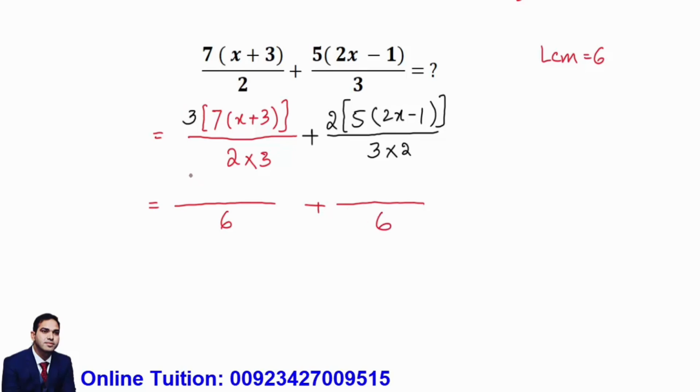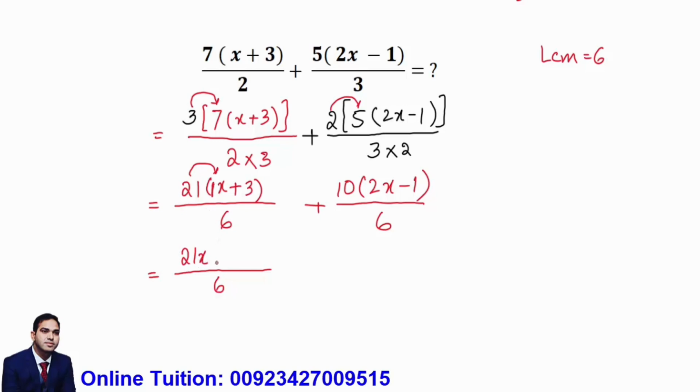Now multiply 3 with 7, it will be 21, into (x plus 3). Now 2 multiplied with this 5 will be 10 into (2x negative 1). Okay, now after that, 6 over here, 21 multiplied with x will be 21x because here is 1 as a coefficient of x.